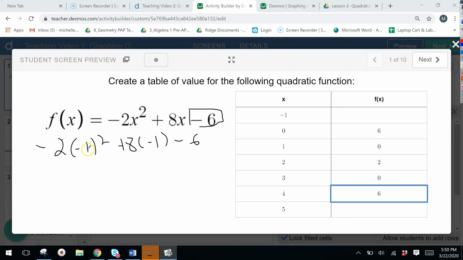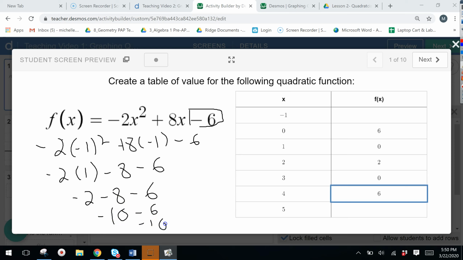Well, negative 1 squared is going to be 1. 8 times negative 1 is just negative 8 minus 6. And so 2 times 1 is negative 2 minus 8 minus 6. Well, negative 2 minus 8 is going to be negative 10 minus 6 is also negative 16.